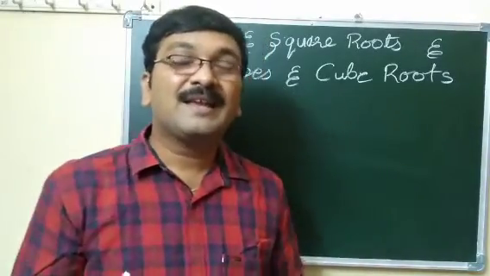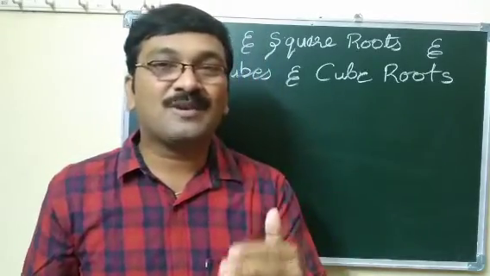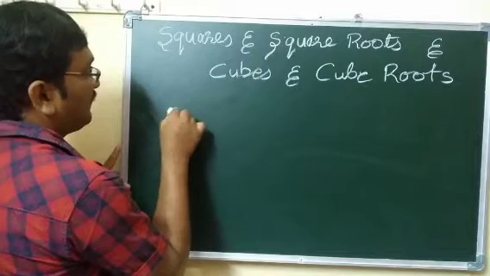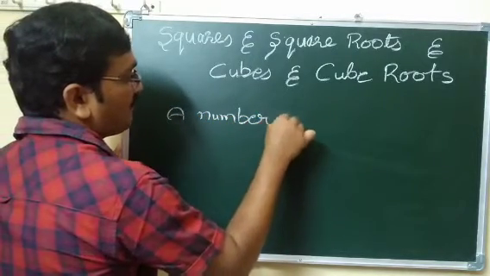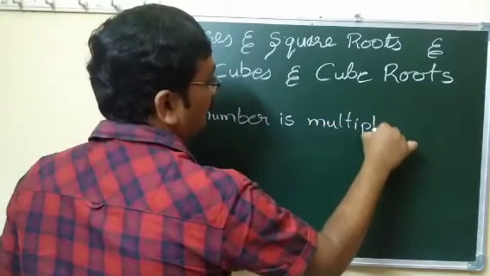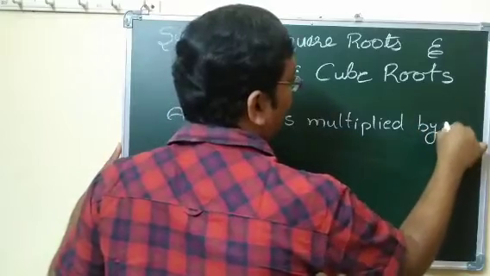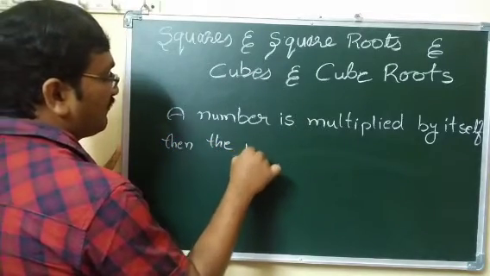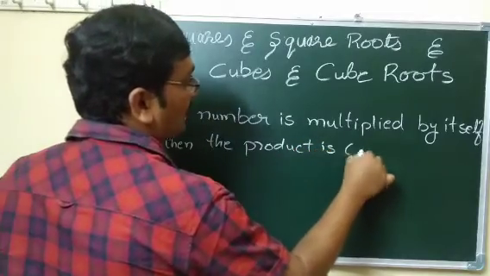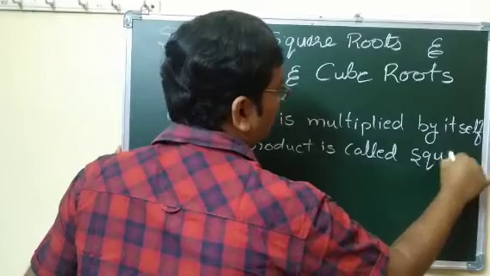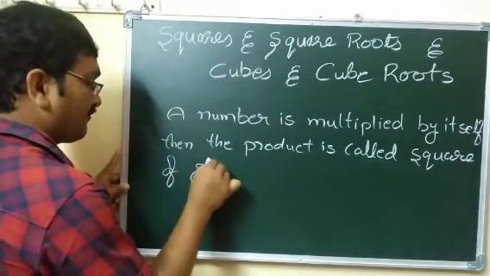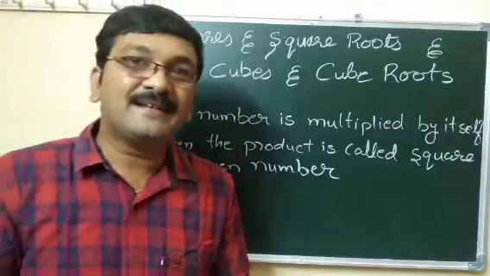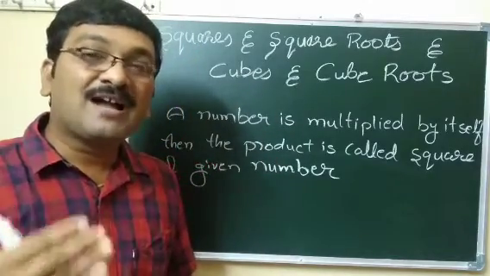Square means a number is multiplied by itself, then the product is called the square of that number.